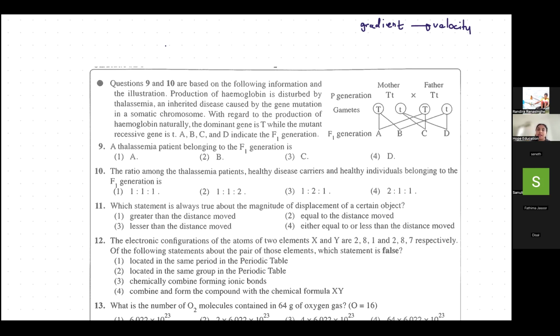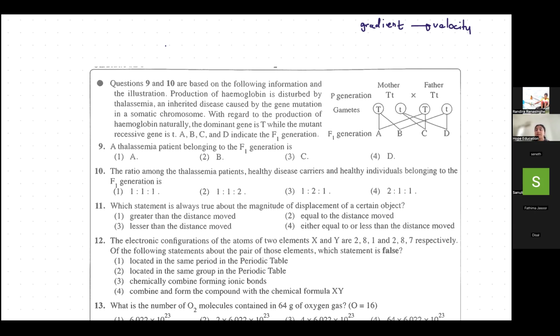Questions number 9 and 10 are based on the following information and the illustration. Production of hemoglobin is disturbed by thalassemia, an inherited disease caused by the gene mutation in a somatic chromosome. With regard to the production of hemoglobin naturally, the dominant gene is T, while the mutant recessive gene is small t.